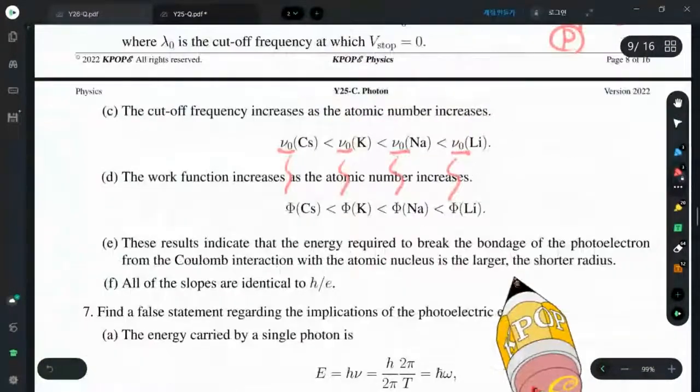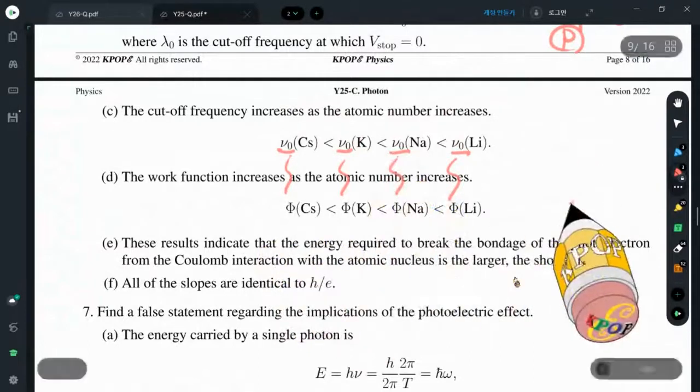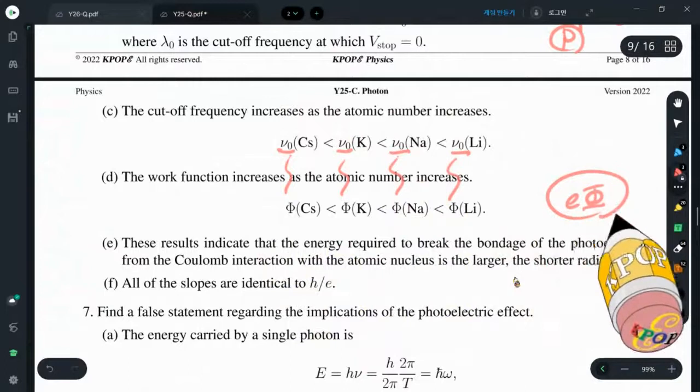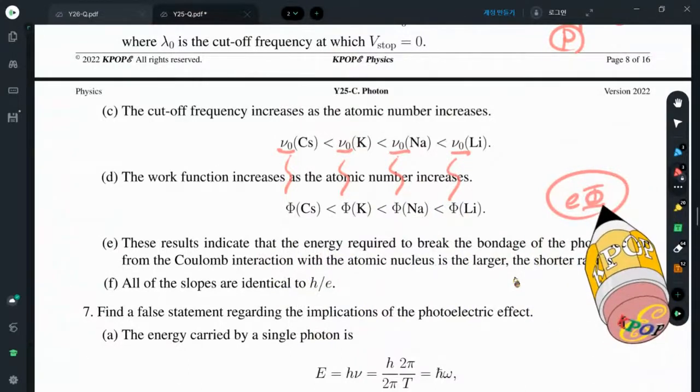How? This phi, the work function, is the binding energy to break the bondage of an electron in matter.